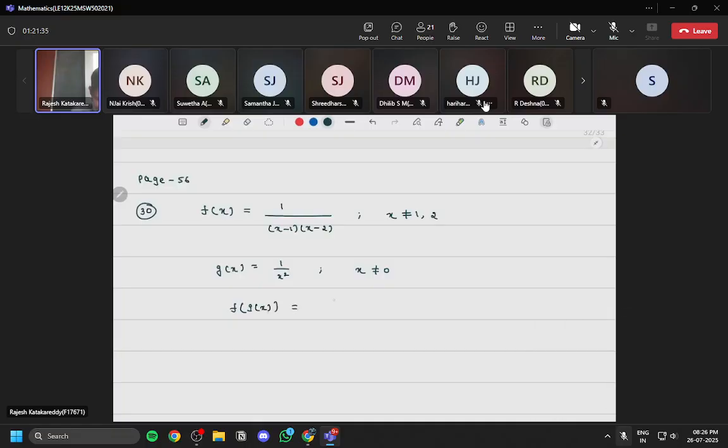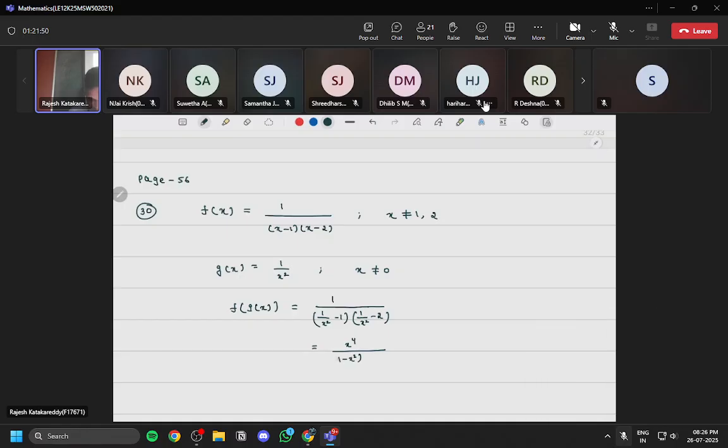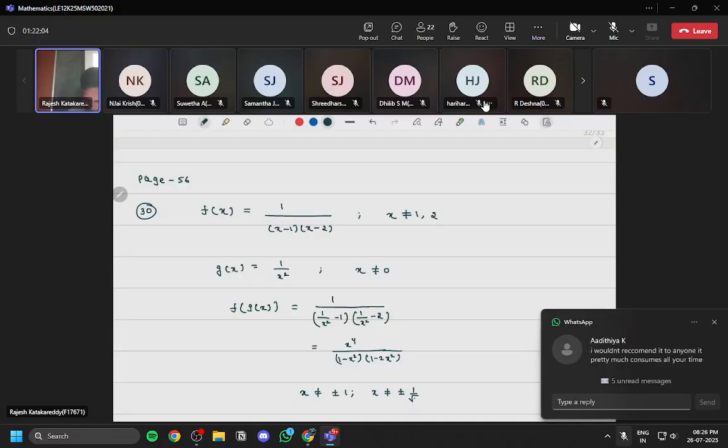So this will be 1 by (1 by x square minus 1) into (1 by x square minus 2). So we get x to the power 4 by (1 minus x square)(1 minus 2x square). So I can say x not equals to plus minus 1, x not equals to plus minus 1 by root 2.